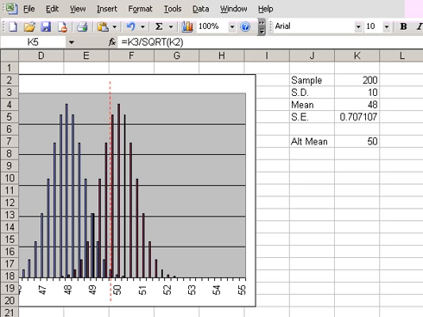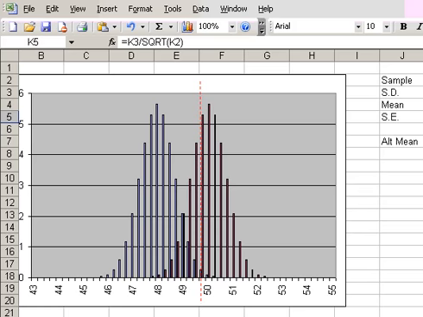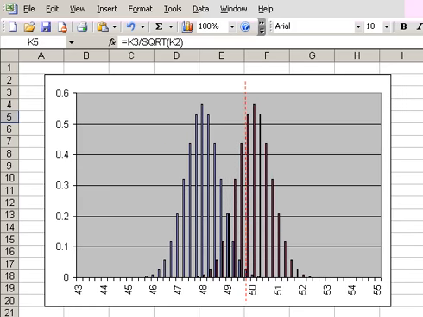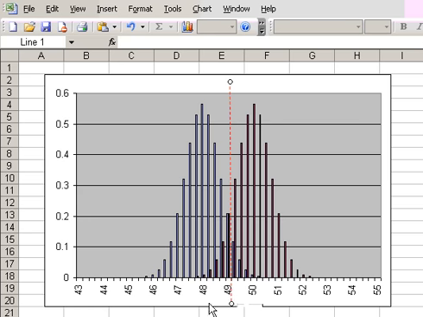So, if we go back to our figure, we would want to move the red line from where it is to about 1.2 inches above 48. This is 49 inches. This is 50 inches, so 1.2 inches would be about here.